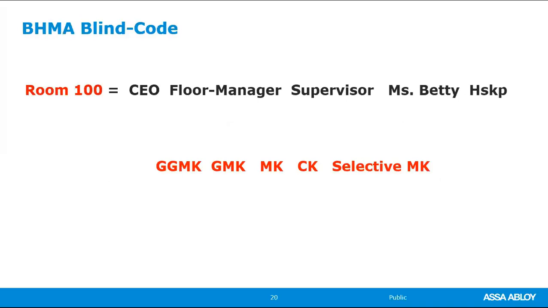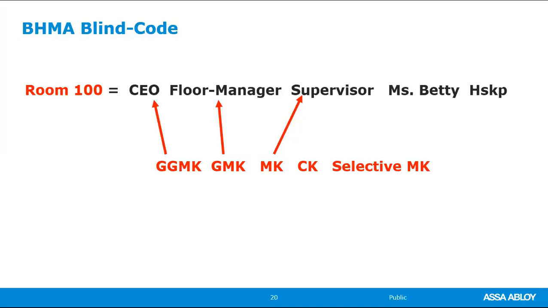Now we're doing it differently. You see below in red, this is a 4-level blind code system. So if you're the CEO, you get the Great Grand Master Key. If you're just a floor manager for that multi-story building, you get a Grand Master Key for that floor. If you're just a supervisor for a certain, maybe 6 or 7 different people in an office, you can have a master key to that group of locks.